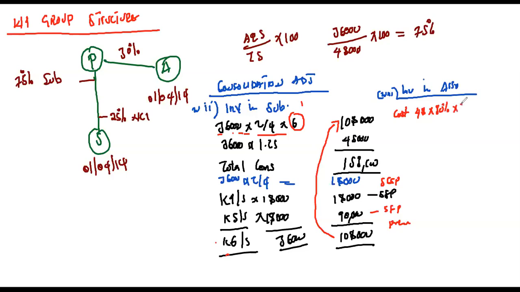Then we multiply by 7.5. How much do we have, Mr. Kafuti? We have the same amount, 108,000. Okay, you see, that is the consideration for the investment in associate.